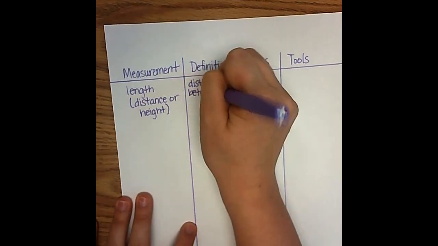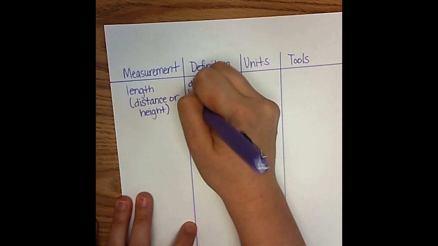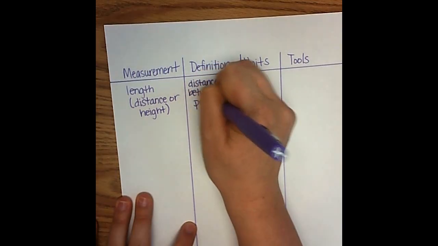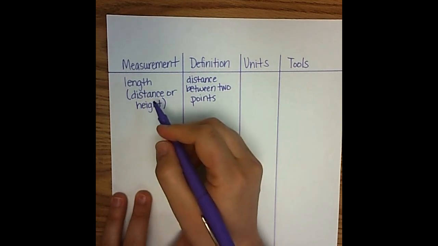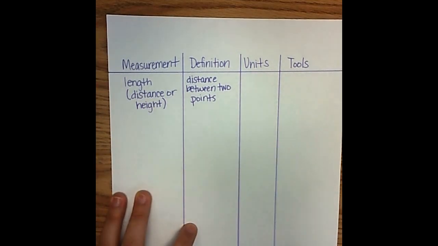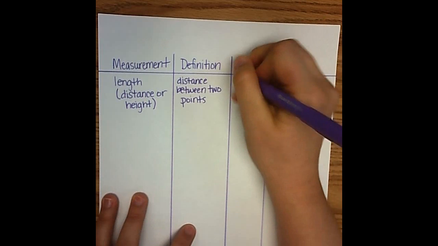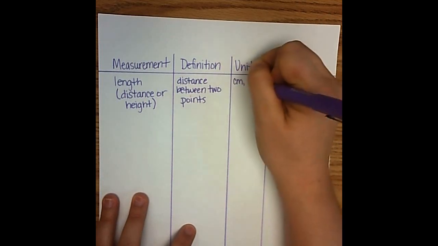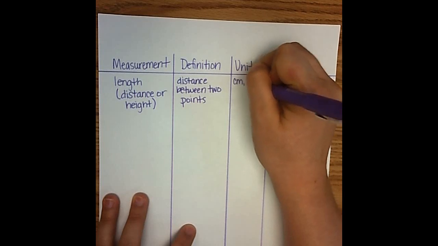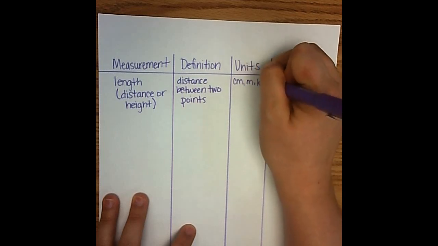between 2 points. So like if we were going to measure plant height, we would take our ruler, and we're actually measuring length because we're measuring how high something goes, okay? Now our units in science, we really don't use inches and feet. We use centimeters, meters, and kilometers.